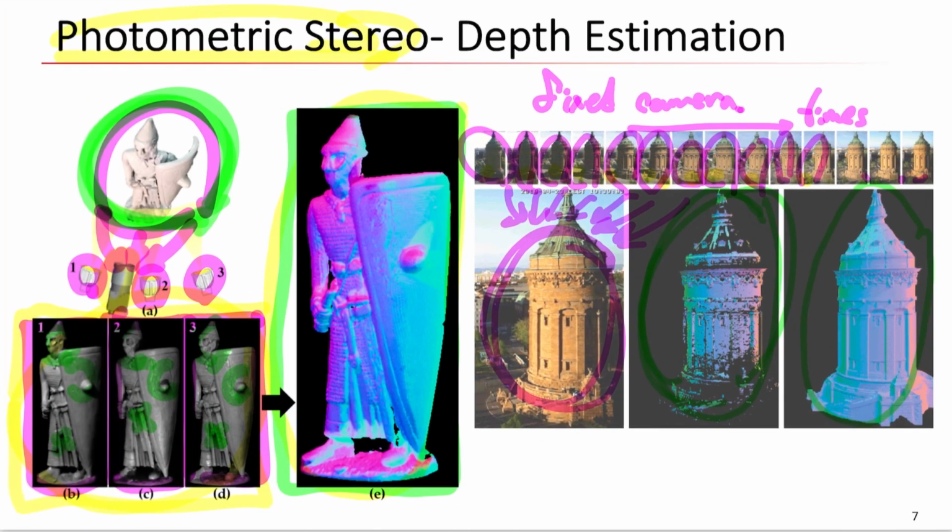Then by using every image of this fixed object, we can reconstruct the 3D information, something like this, right? So actually, this is the ground truth. Compared to the ground truth 3D information, we can recover the 3D information pretty well, right? So this is photometric stereo.